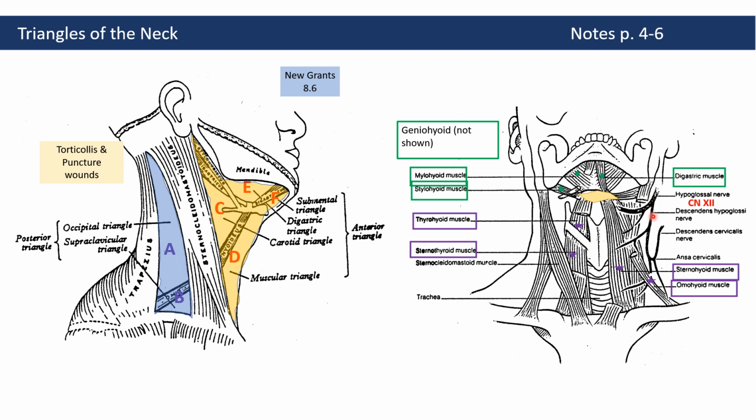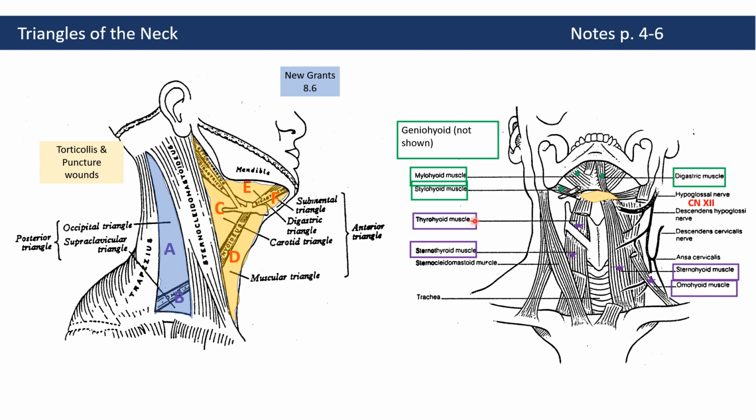They are, again, from cervical nerves C1 through C3, forming the descendens hypoglossi and the descendens cervicalis, the part that just descends in the neck, to form the ansa cervicalis. And you can see here branches going to the omohyoid, the sternohyoid, and the sternothyroid.